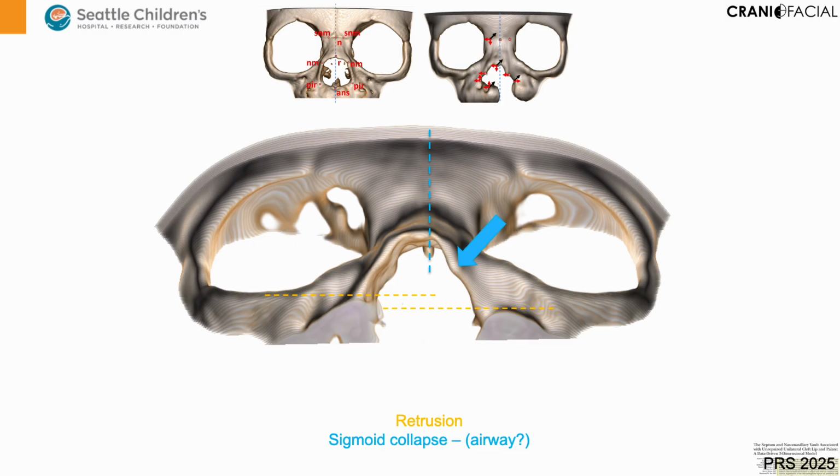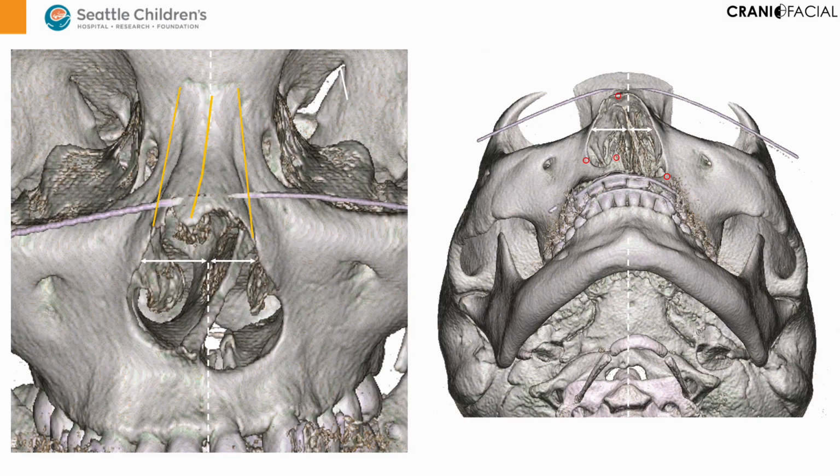As for the shape of the skeleton, we noticed how the shift of the nasal pyramid and the cleft side protrusion produces a sigmoid collapse of the cleft side piriform aperture that may obstruct the nasal airway with correction of the septum to midline. And that sigmoid collapse persists to maturity.